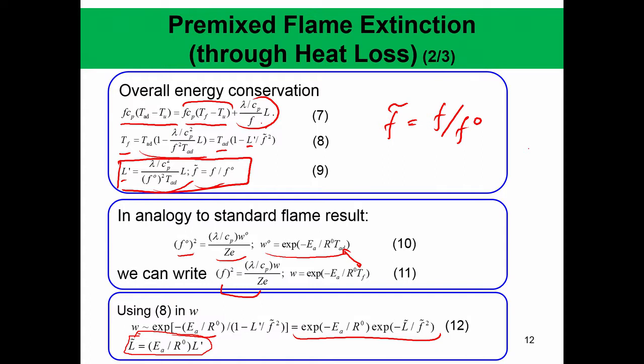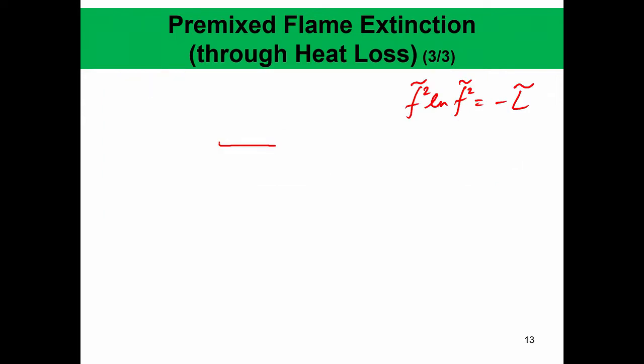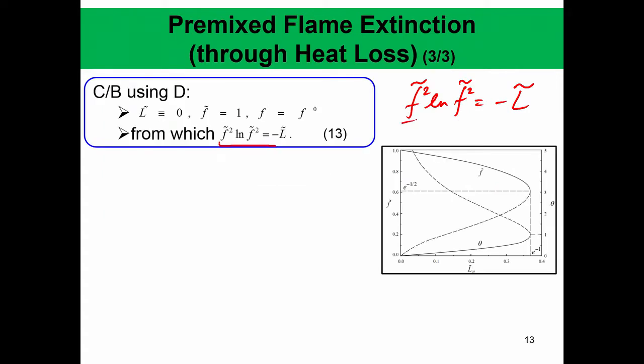But this shows that just by considering the burning flux dependence on temperature, we can estimate this burning flux ratio, F tilde, which is nothing but F by F0. We can find the functional dependence, and this is a nonlinear dependence, that is F tilde square ln F tilde square is equal to minus L tilde.